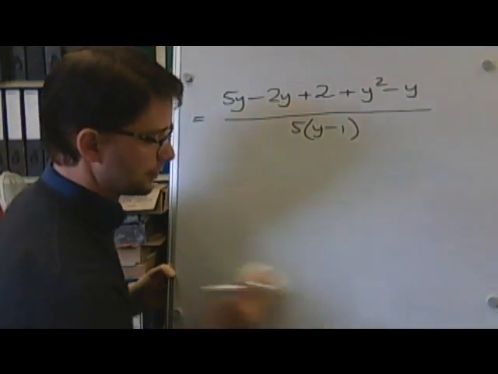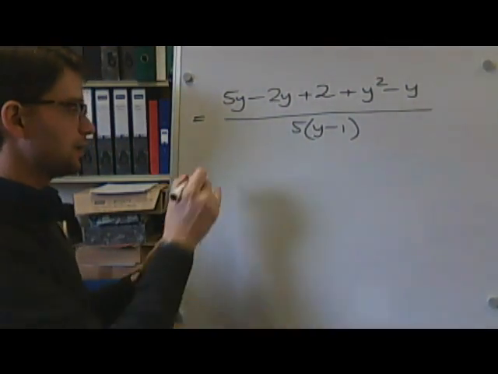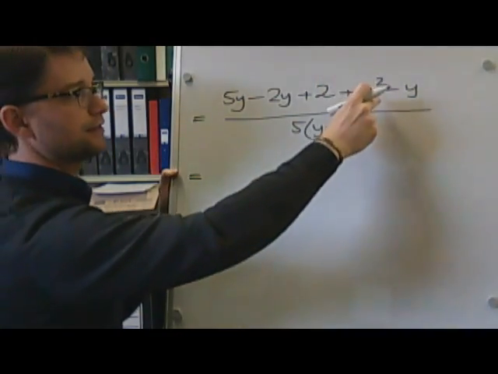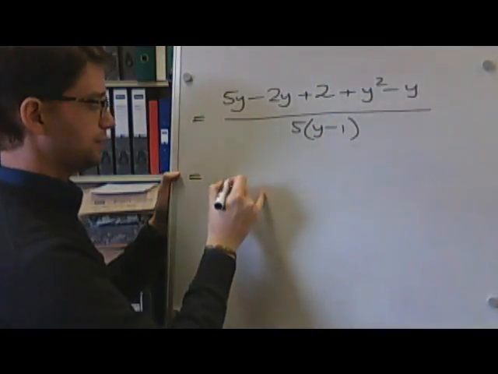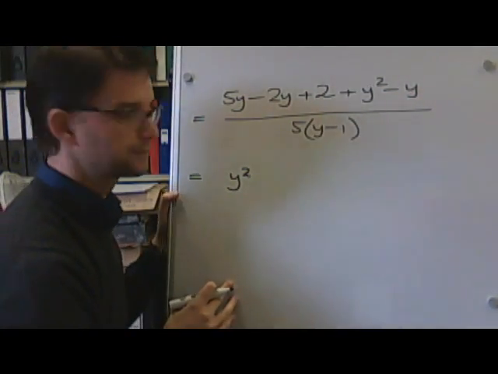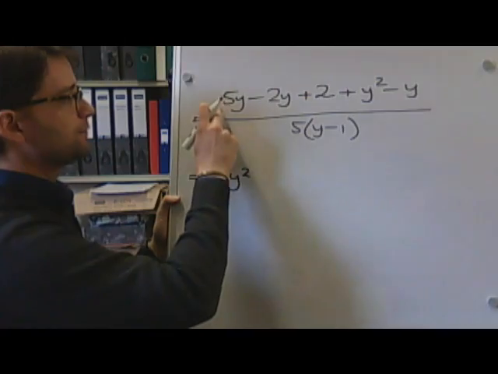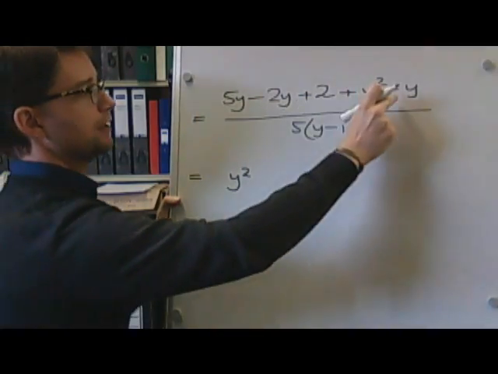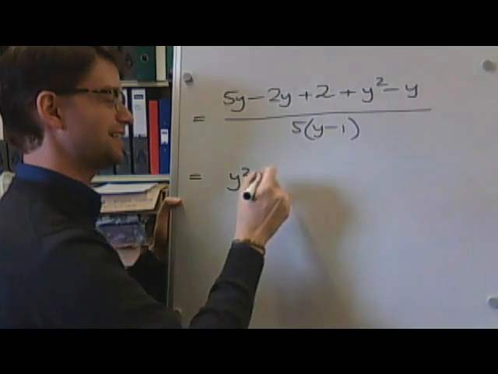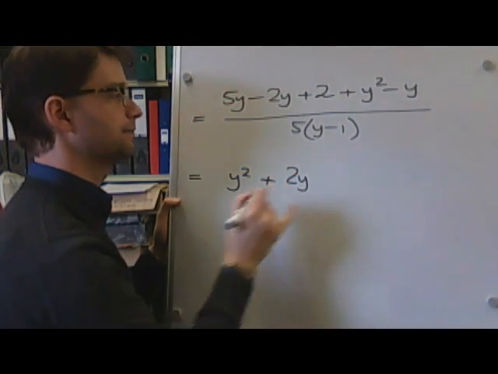And now I'll just simplify the top to get all of the same pieces together. So I've got a y squared, so I'm going to start with that. It's a plus y squared, so that's good. I've got 5y minus 2y minus another y. So 5 minus 2 minus 1, I think, is plus 2y.